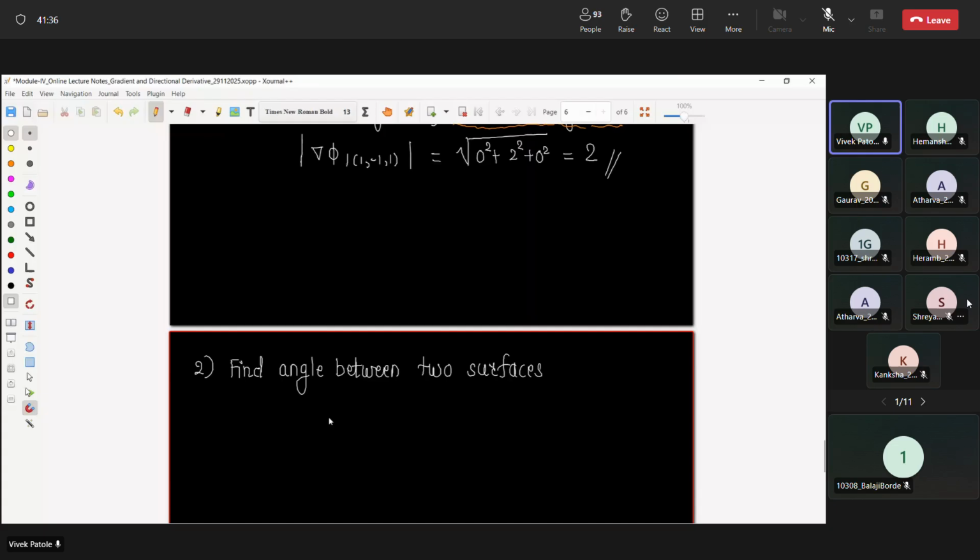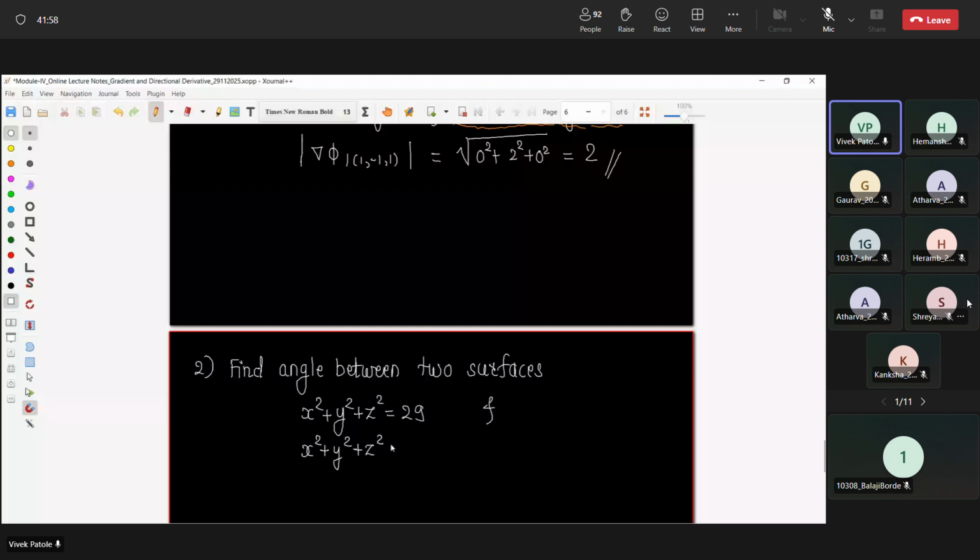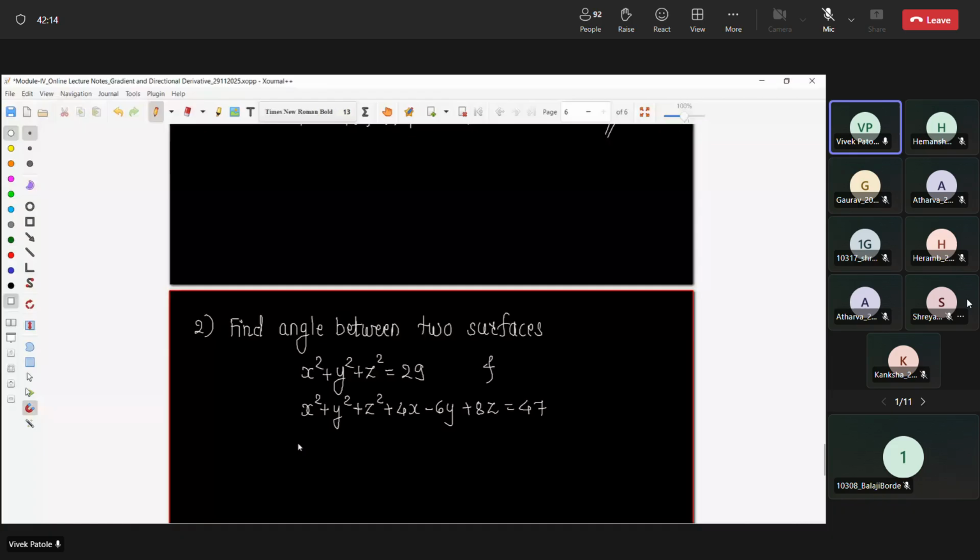Find angle between two surfaces x square plus y square plus z square equal to 29, and the second surface is x square plus y square plus z square plus 4x minus 6y plus 8z is equal to 47, at the point (4, -3, 2).